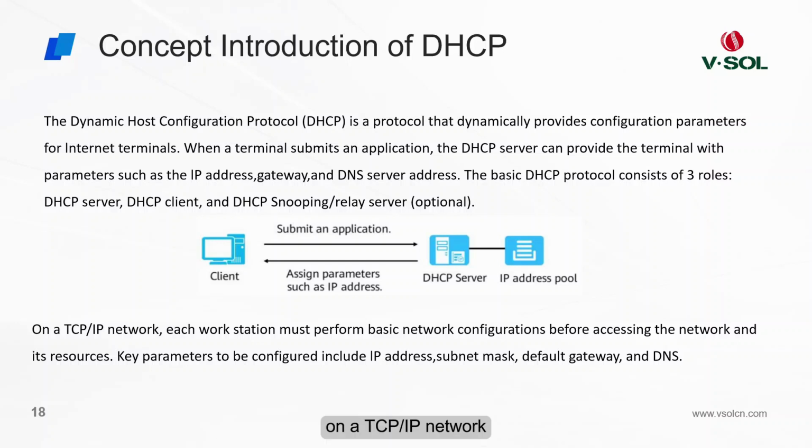On a TCP or IP network, each workstation must perform basic network configurations before accessing the network and its resources. Key parameters to be configured include IP address, subnet mask, default gateway, and DNS.